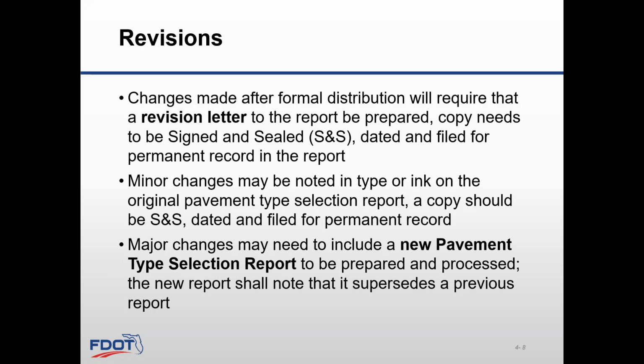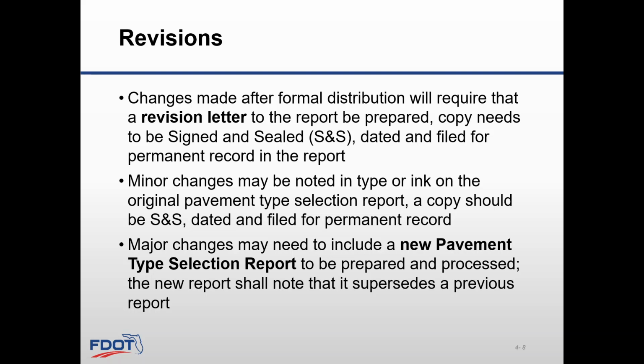Copy needs to be signed and sealed, dated, and filed for permanent record in the report. Minor changes may be noted in type or ink on the original pavement type selection report with the responsible EOR's initials and sign and seal date of the changes, and filed for permanent record.